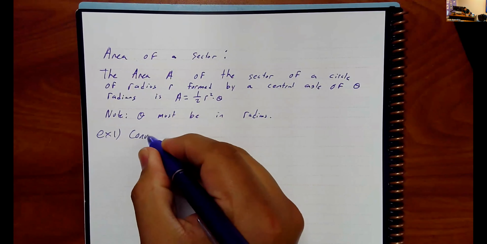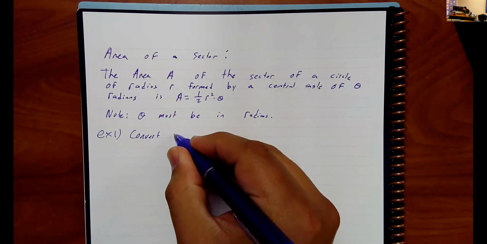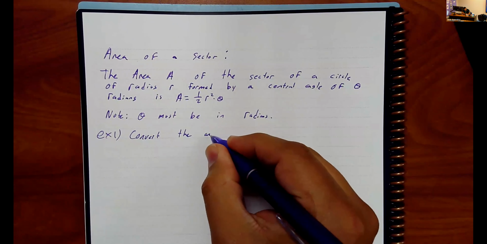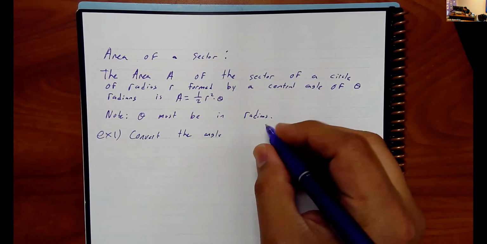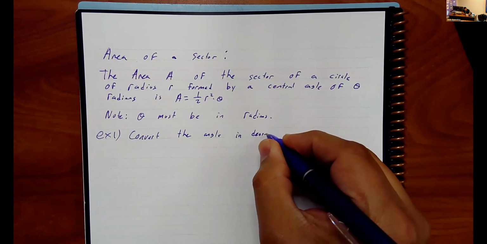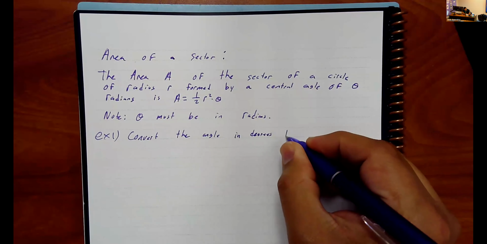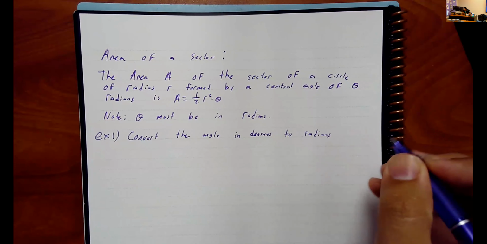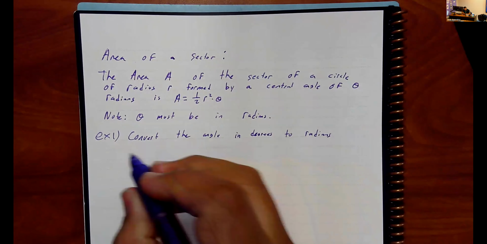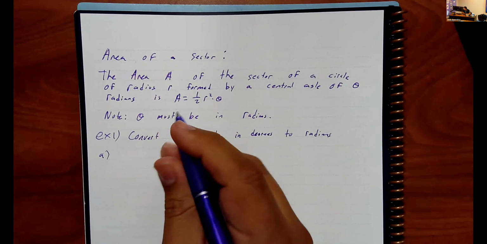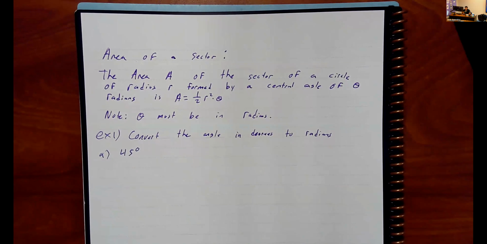Let me show you how to convert to radians and degrees. So part A, we'll just do one, I guess. Convert this guy 45 degrees to radians.